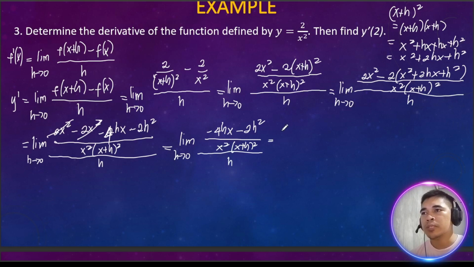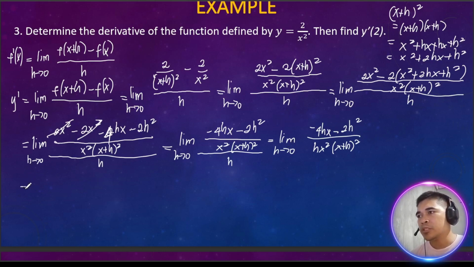So reciprocal lang. We get limit of negative 4hx minus 2h squared over hx squared, the square of x plus h as h approaches 0. And then find the common factor, which is h.